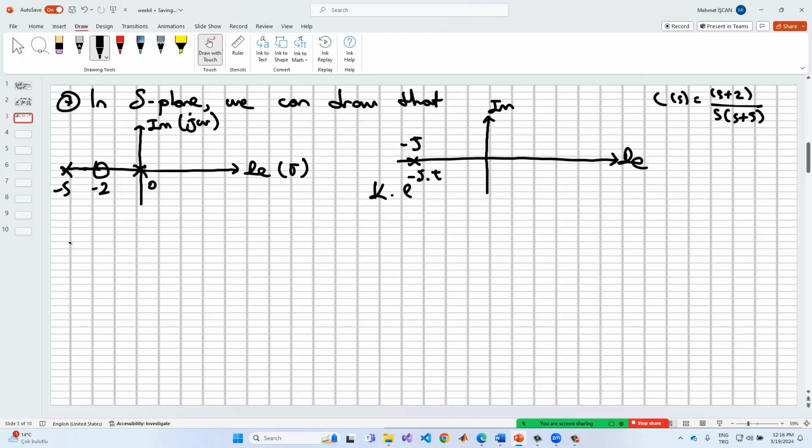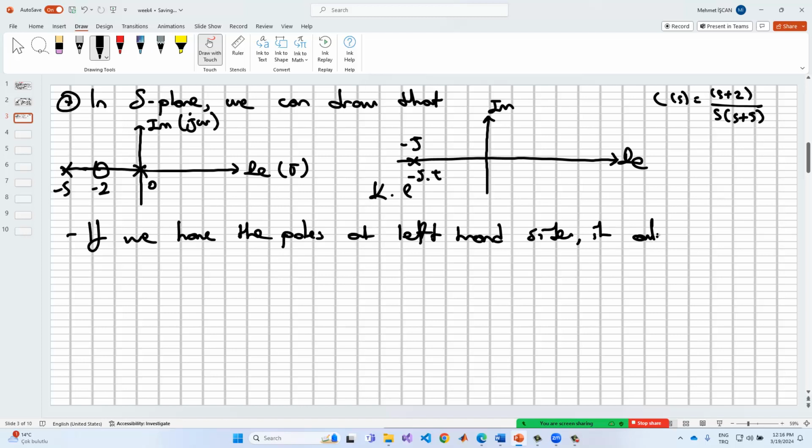And so we can conclude that if we have the poles at the left hand side, then c(t) always goes to 0 when t goes to infinity, okay?